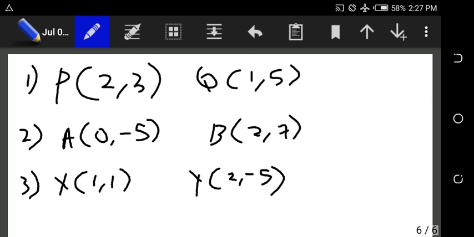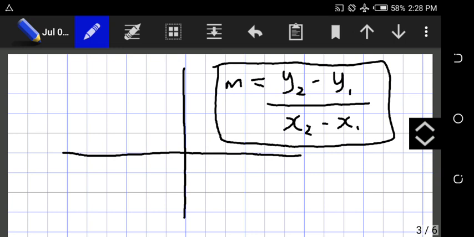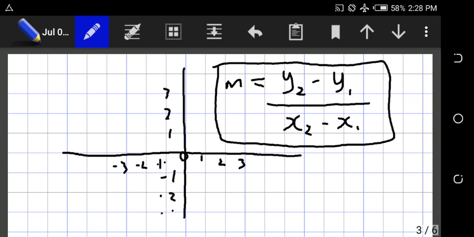We have looked at how to plot given points. For example, when we have this coordinate system, remember that here is the origin, and you have 1, 2, 3. Then on this side you have minus 1, minus 2, minus 3, and all that. Going up on your y-axis, you have 1, 2, 3. Below you have negative 1 on your negative y-axis, minus 2, minus 3, and so on. So here is our x-axis and here is our y.